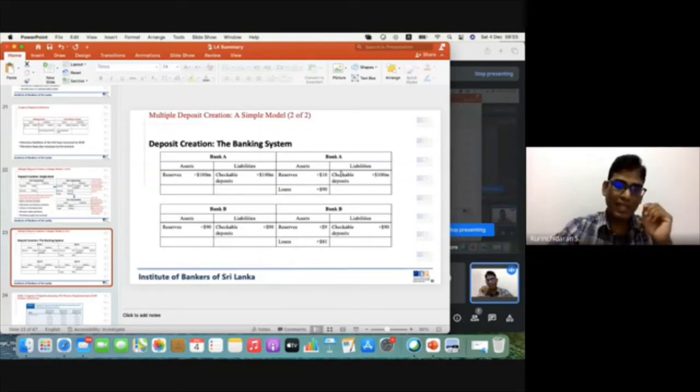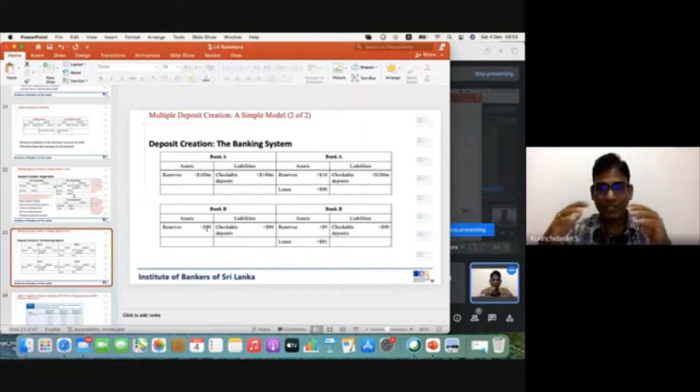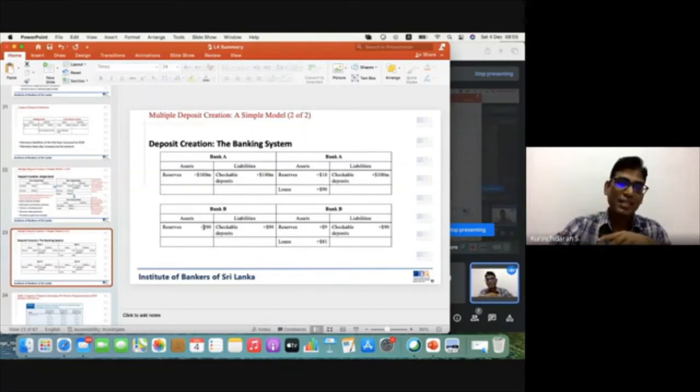In bank B, the $90 will be accounted as checkable deposits, right? Now it goes to a reserve account, because clearing happens through the reserve account. All the transactions between banks go through the reserve account. So automatically the central bank reserve account of bank B would be increased by 90.